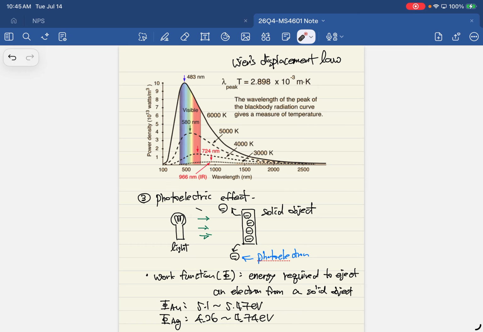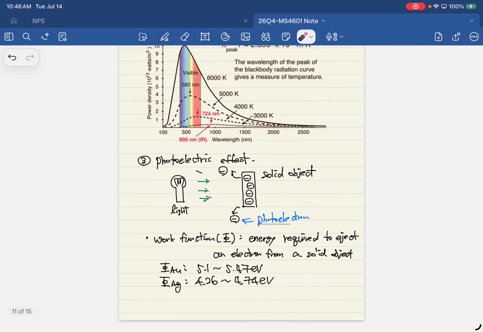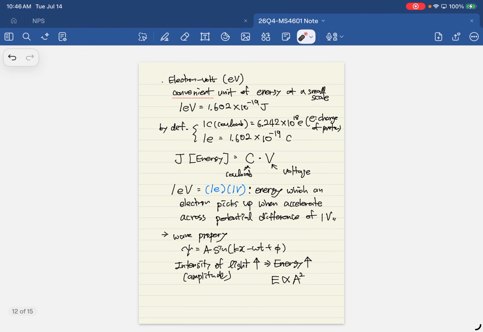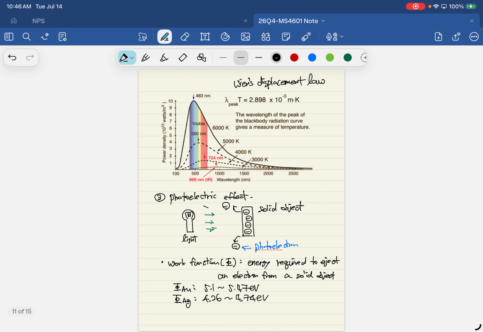The experiment showed that intensity did not really affect the generation of photoelectrons.